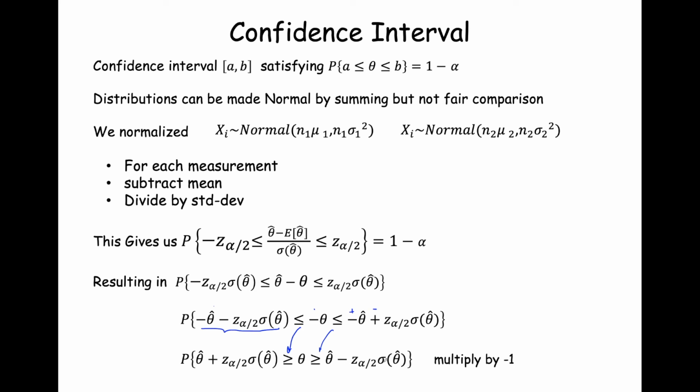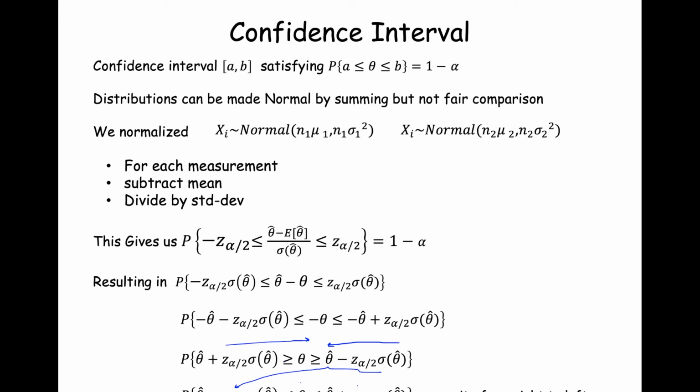Given that result, I can read this expression from left to right, or I can rewrite it so that I'm reading it from right to left. If I do that, I write this term first, which is theta hat minus, then the center term, and then the term on the other side. So I say this term, theta hat minus blah blah blah, is less than or equal to theta, less than or equal to theta hat plus blah blah blah.